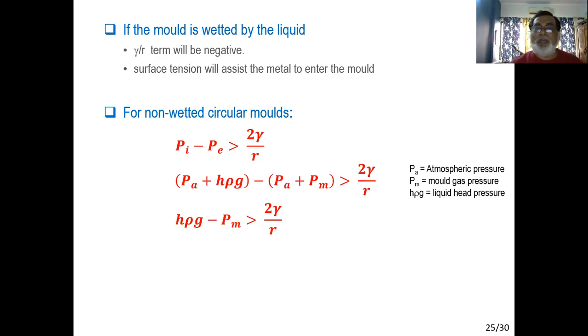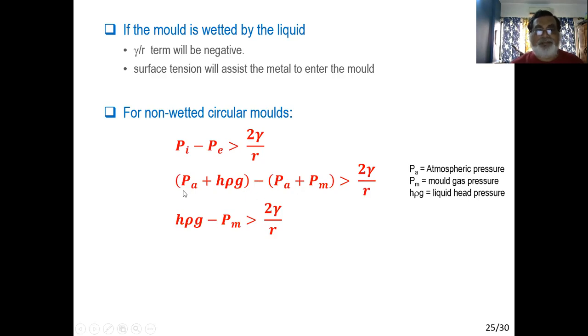And at the same time, in the mold itself, there are some gases. For example, moisture, and other atmospheric gases as well. So they also offer resistance to the liquid metal entering into the mold cavity. So these are the two external pressures that prevent liquid metal from flowing into the channel.